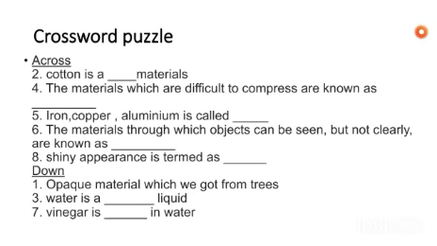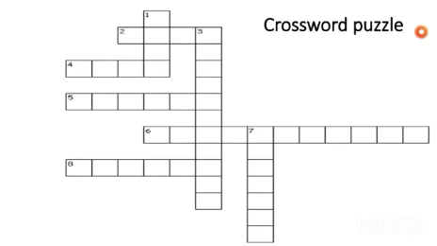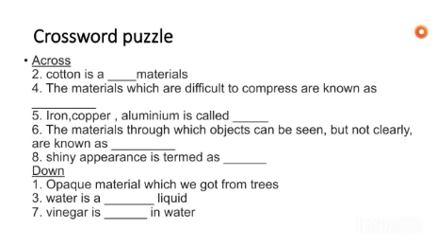The 3 types of things under transparency. Come on, I have given you the hint and try to write the answer. Shiny appearance is termed as what? Across you have to write here. Now the numbers are 2, 4, 5, 6, 7 and 8. So these questions you have to write down, the answer.